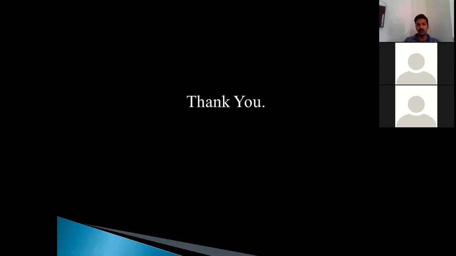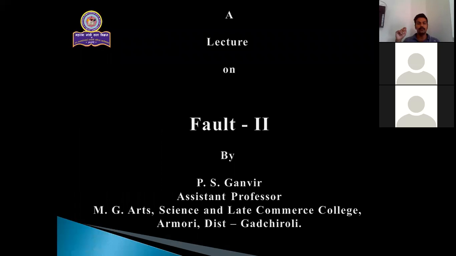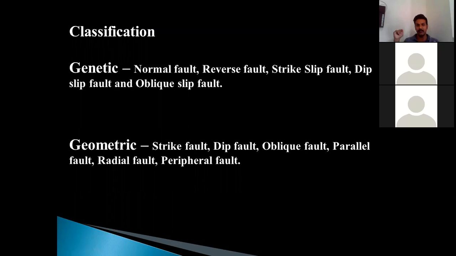Okay, so let us revise what we have done today. We have seen faults part 2 in today's session, where we have discussed the classification of faults, where in genetic classification we studied normal, reverse, strike slip, dip slip, and oblique slip faults. In geometric classification we have seen strike fault, dip fault, oblique fault, parallel fault, radial fault, and peripheral fault.